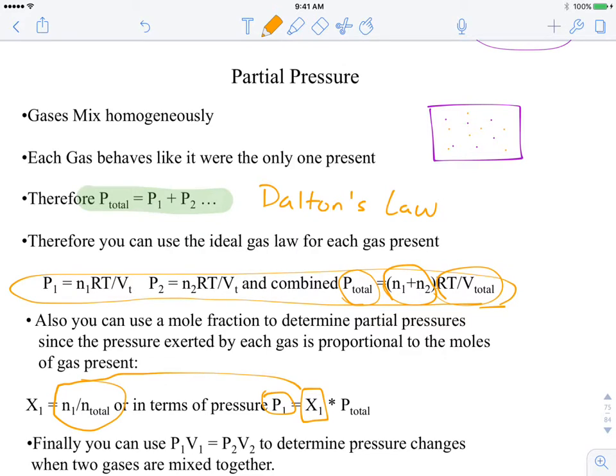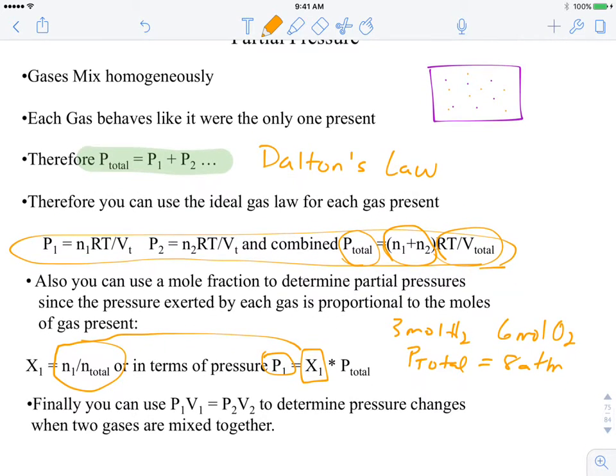How would that look in a mathematical setup? Let's say, for example, that I had 3 moles of hydrogen and 6 moles of oxygen, and I had a P total of 8 atmospheres.